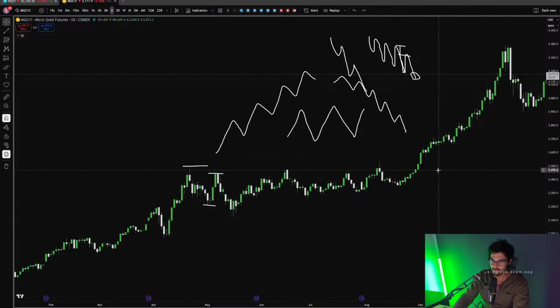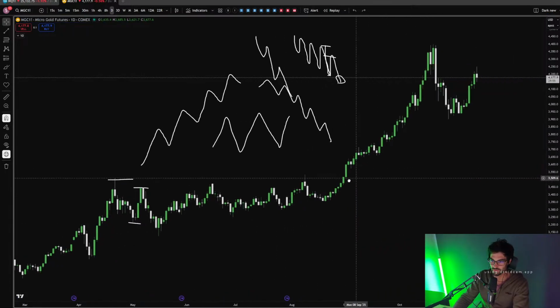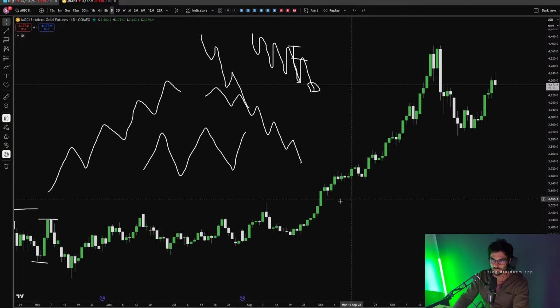Or let's see, this one here might be more interesting to look at. When we have a strong push and a slow or smaller retracement, then we can expect a stronger push to come through.